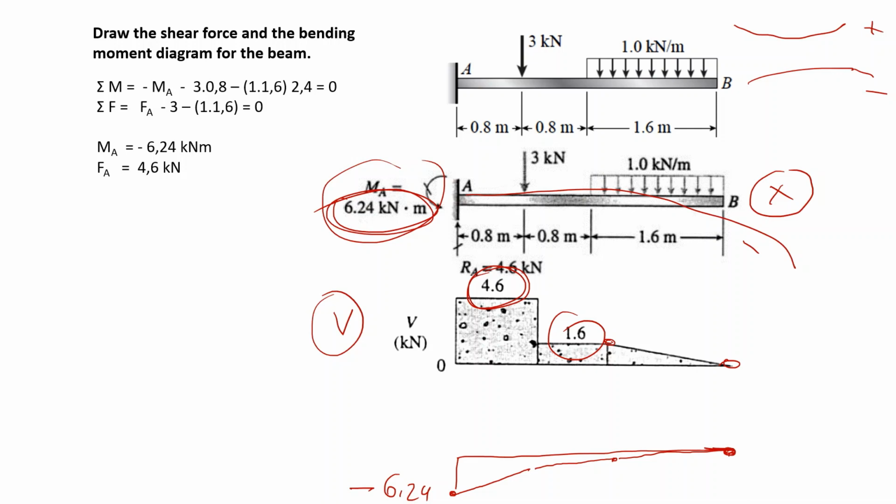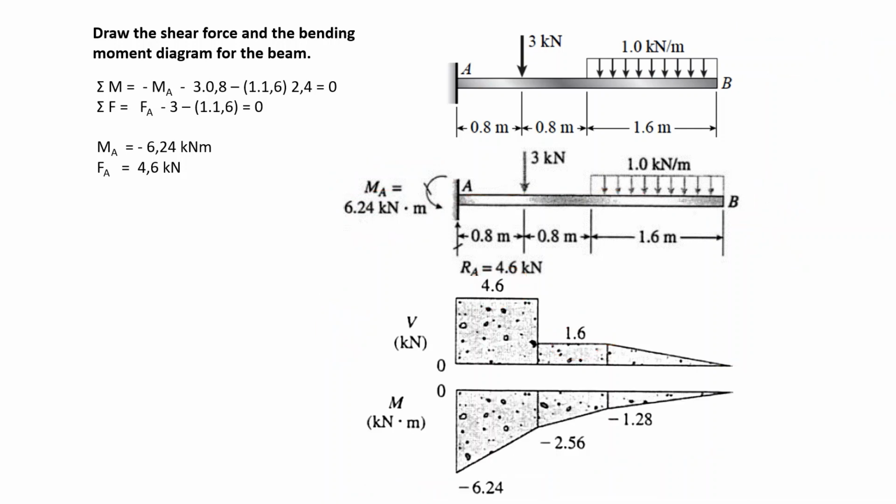As you see, the diagram in this region, slope at 4.6, here 1.6, here it starts with 1.6 and goes down to 0.